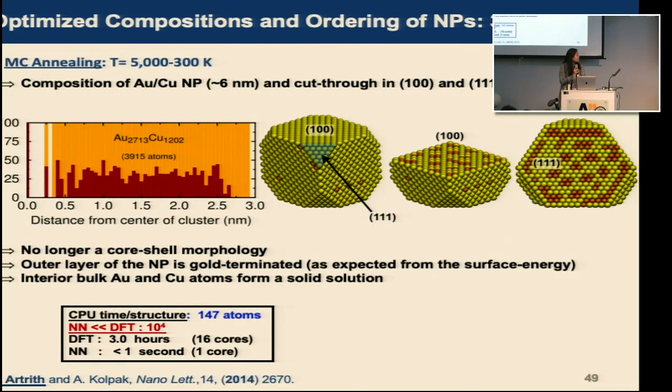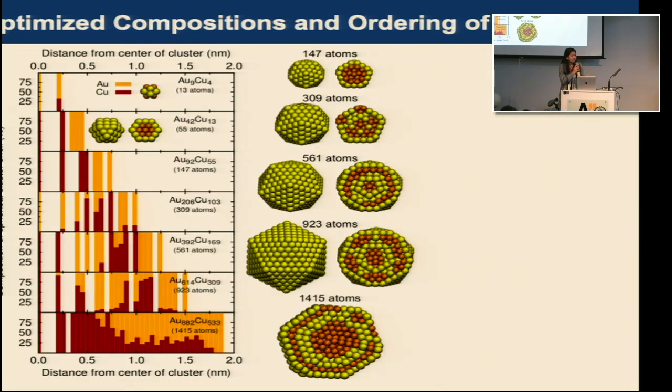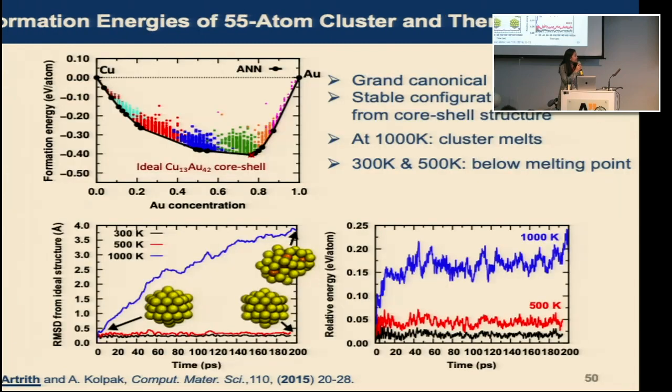Even if I just fix the lattice, you could use cluster expansion, but this is not what we want. These are nanoparticles which we will use at high temperature. That's why I decided to use a neural network potential, because we would like to use it at a higher temperature, which will change the structure at the end. Okay, thank you.